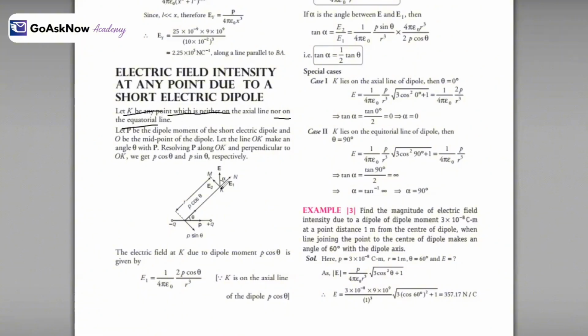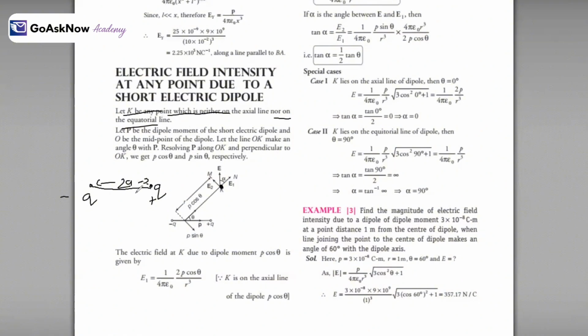So here K is any point in space, and you have the minus Q and plus Q charges here, separated by a small distance, which you can write as 2a.